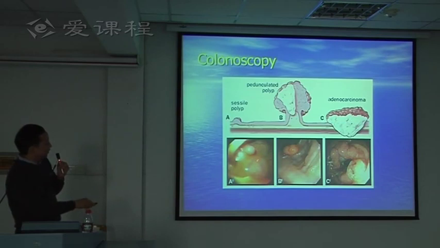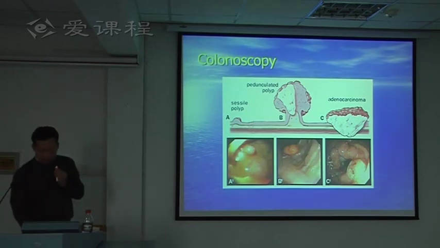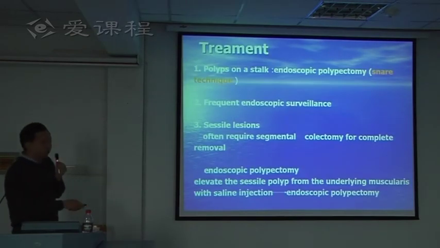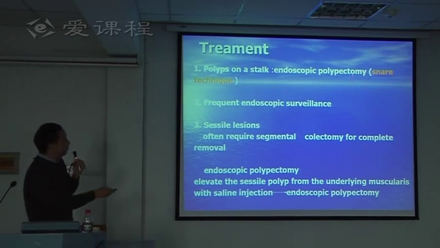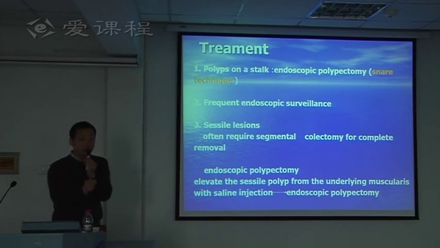So these are the scope views: sessile, pedunculated, and this carcinoma here. Okay. So how to treat the polyps? Mostly we use the snare technique through the endoscope.